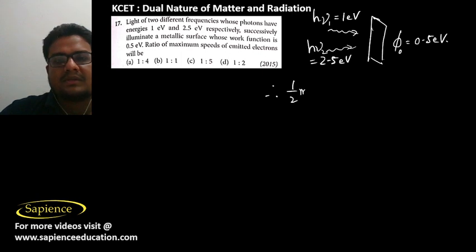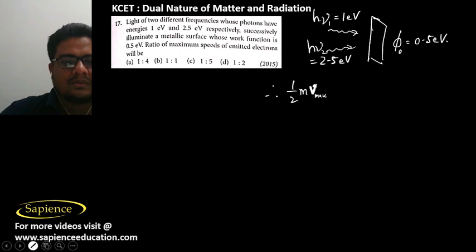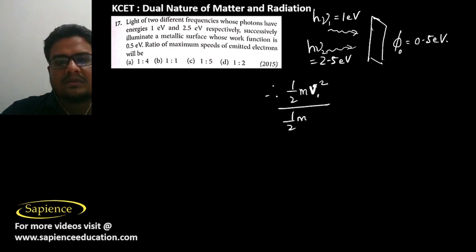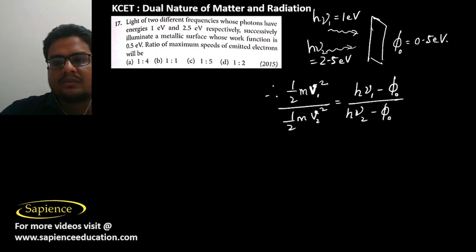So the kinetic energy, half m V max square, for the maximum speeds: half m v1 square divided by half m v2 square will be equal to h nu1 minus phi naught divided by h nu2 minus phi naught.